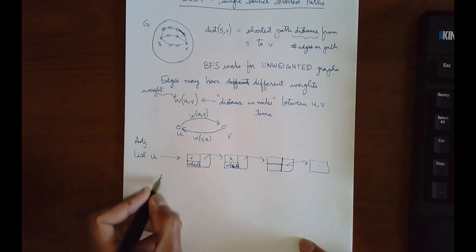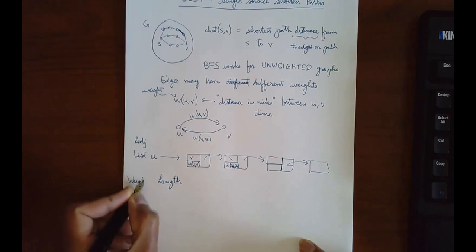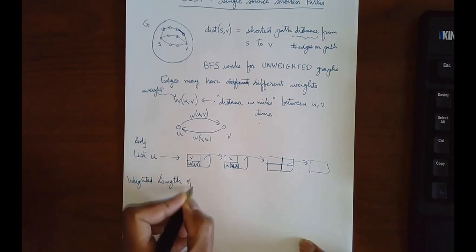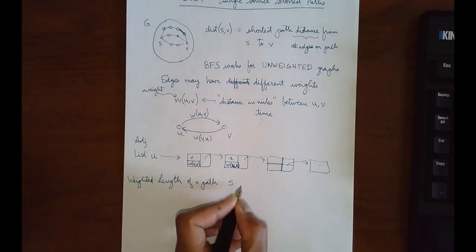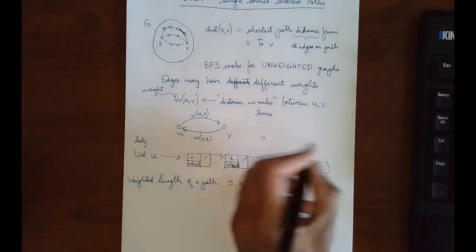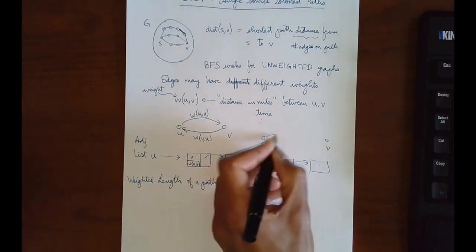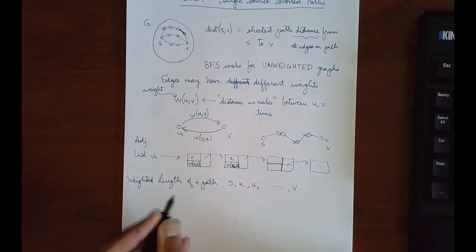And so we could look at what I'll call the weighted length of a path s, u1, u2, going to v. So if you have some path from s to v, in this case I'm considering things to be directed because that's usually the use case.